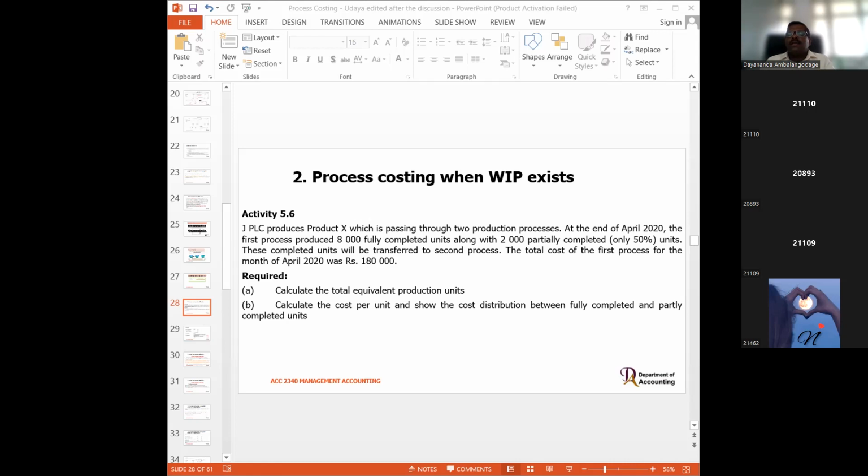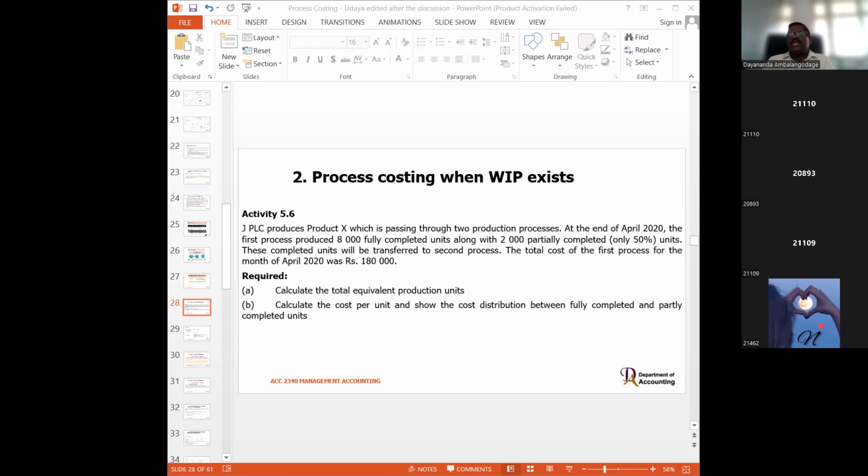You can say total equivalent is 9,000. Cost incurred as per the question, 180,000. So your 180,000 divided by this 9,000 is 20 rupees.